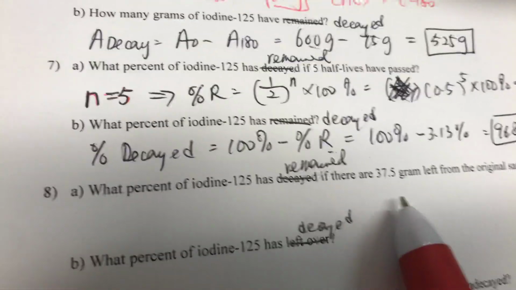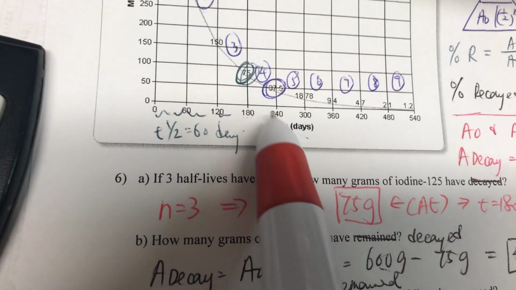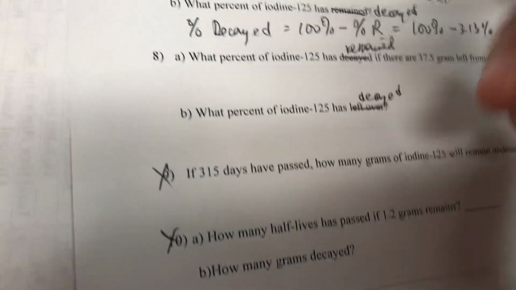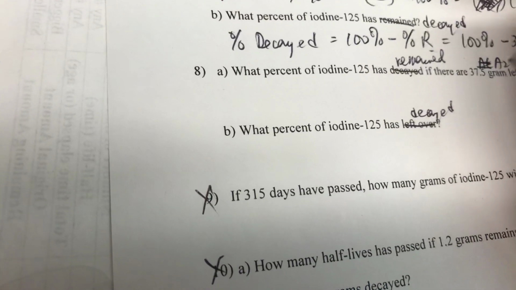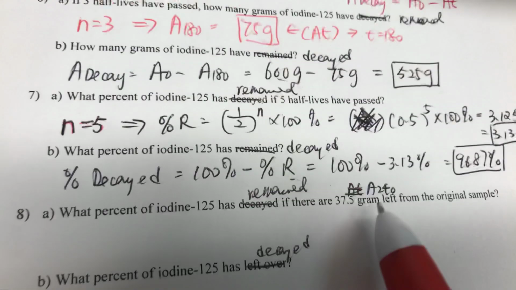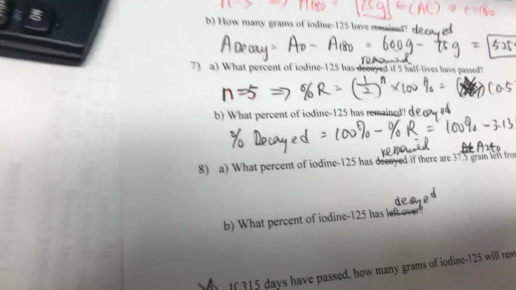I have the AT. Well, AT is my 37.5 grams left over. This is my AT when the time is 240. So I'm going to write it: A240. This is my AT at the time of 240 days.